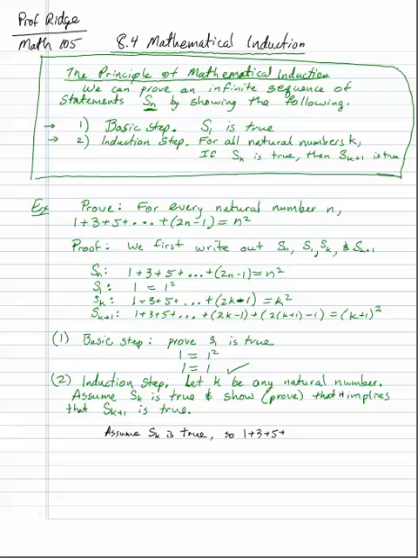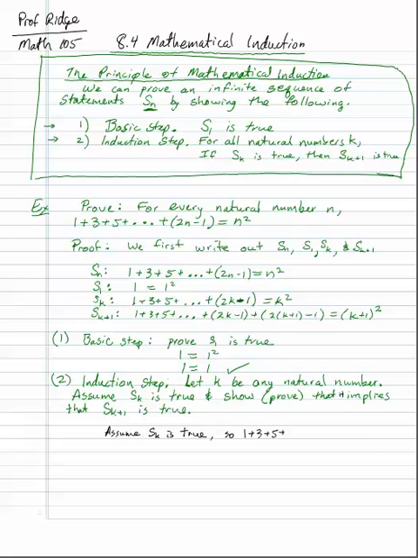We're going to let k be any natural number, because we want to pick any arbitrary spot in this row of dominoes and show that if that one falls over, the next one falls over. So you assume that S sub k is true, and then prove that it implies that S sub k plus 1 is true.